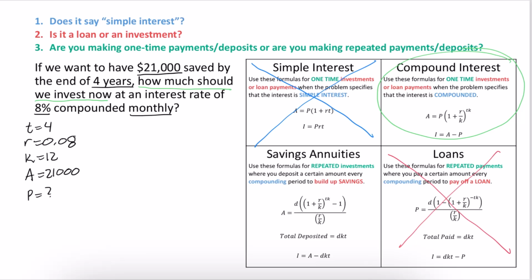If you look at the formulas, the loans formula doesn't involve A at all. So that's kind of a clue that we wouldn't use the loans formula. Similarly, the savings annuities formula doesn't have a P anywhere, and that's what we're looking for, so we wouldn't use the savings annuities. Simple interest has A and P, but it doesn't have K, which is our compounding frequency, and so that tells us that we wouldn't use simple interest.